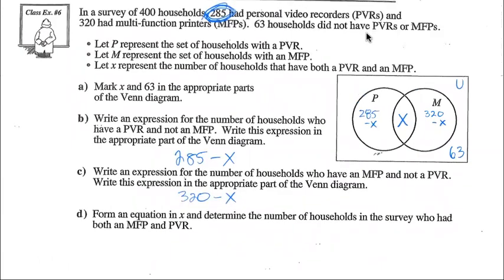And then it says form an equation in X and determine the number of households in the survey who had both an MFP and a PVR. We know that there's a total of 400 households. That means all of this stuff needs to add up to 400.